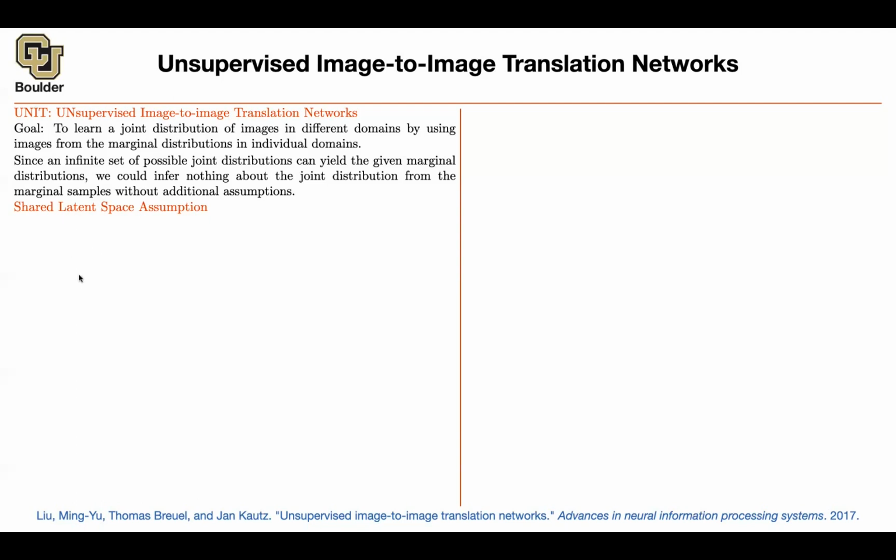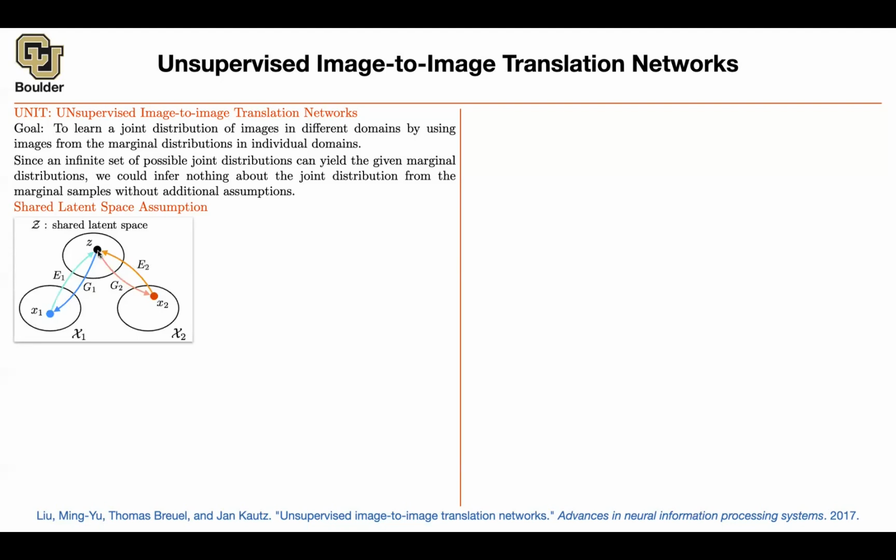Here is another idea. What if you have one Z, but two different functions, G1 and G2? These are two different generators. Their input is the same. They take a random latent vector as input and output two images. The same Z goes through two different networks, and that gives you X1 and X2.